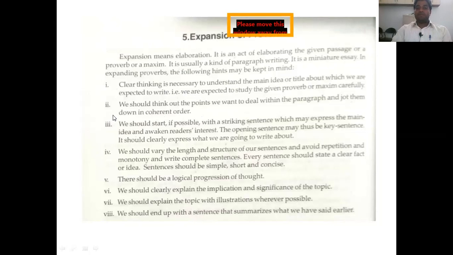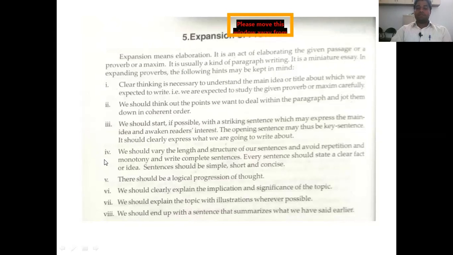The second point, we should think out the points we want to deal with in the paragraph and jot them down in coherent order. And third point, we should start, if possible, with a striking sentence which may express the main idea and awaken the reader's interest. The opening sentence may thus be a key sentence. It should be clear and express what we are going to write about.